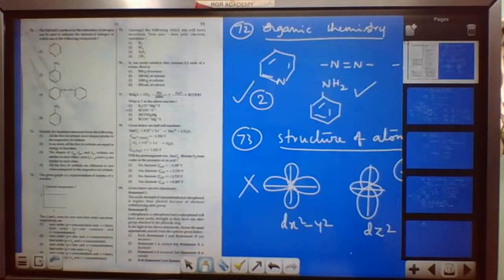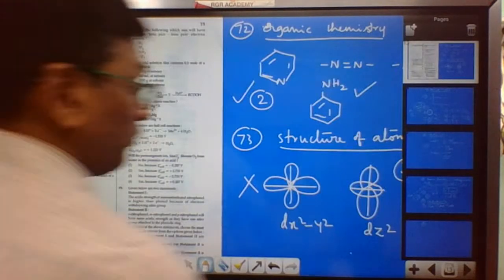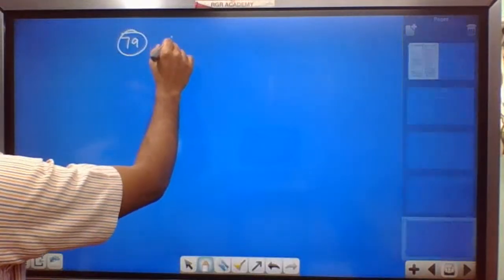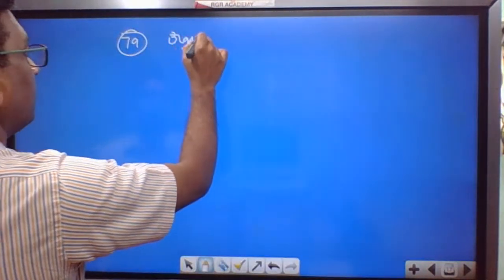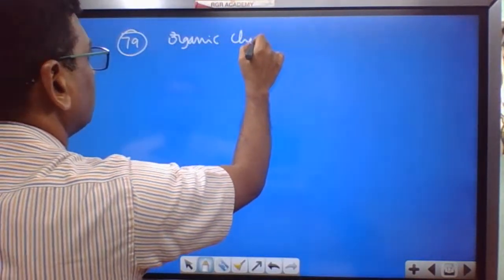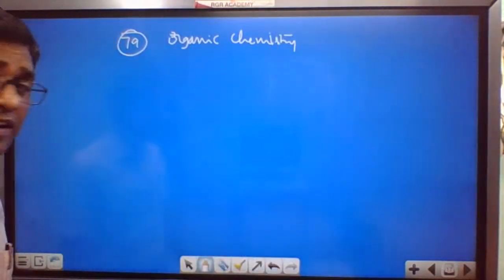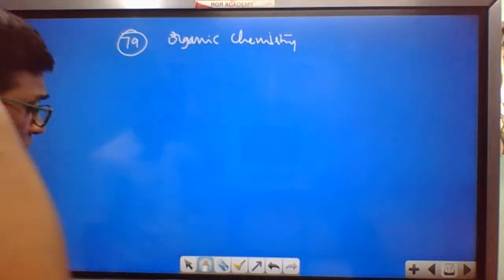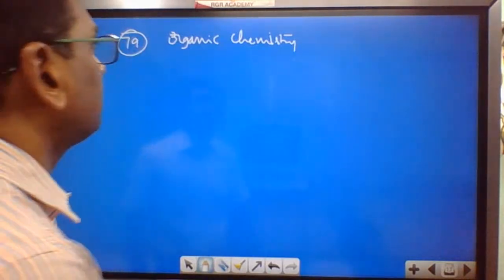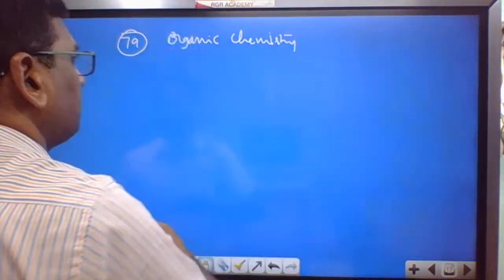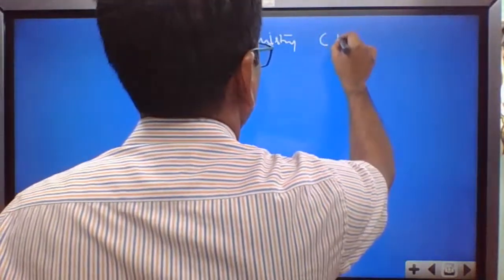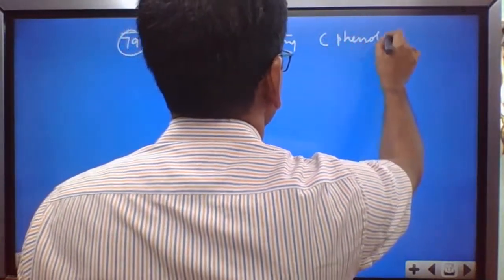Acidic strength of mono-substituted phenols, they give phenol. This time organic chemistry questions are a little interesting. They didn't give the conversions. They confined to a particular chapter only. This is given from the phenols.